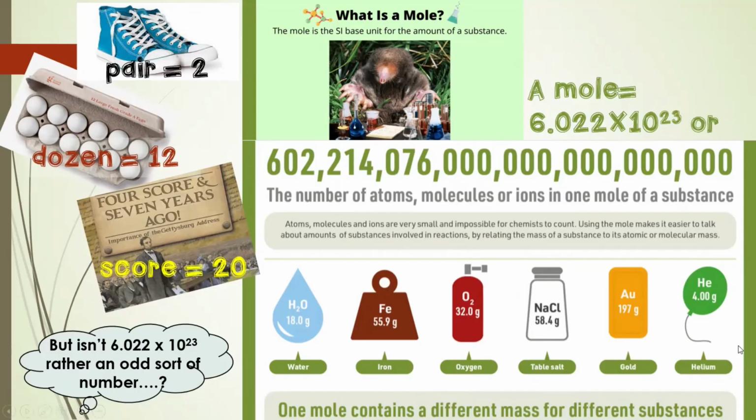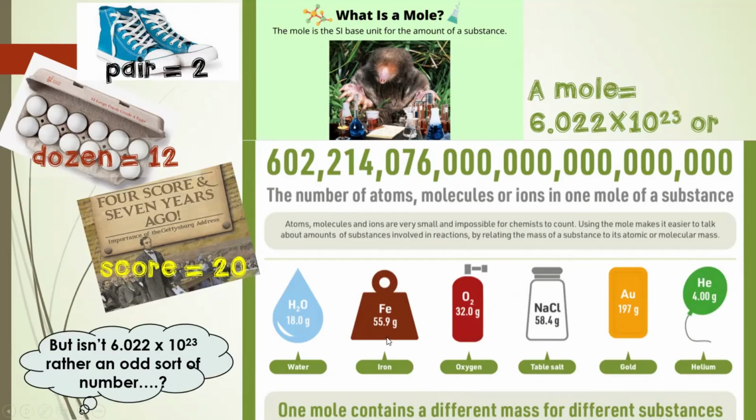Here, it's got 197 grams. Now, if you add the masses of sodium and chlorine together, you're going to get 58.4 atomic mass units. And oxygen, 2 oxygen atoms would weigh 16 atomic mass units.